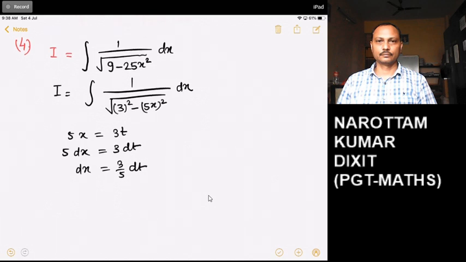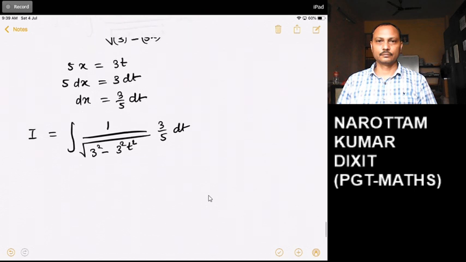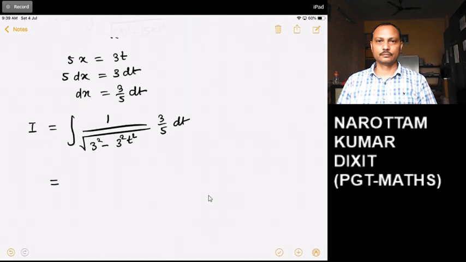Substitute these values, then we get I is equals to 1 upon under root 3 square minus, in place of 5x we have taken 3t, so it is 3 square t square, and dx is 3 upon 5 dt. So take this 3 upon 5 outside the integration, and the 3 square is common within the square root. So outside the square root it will be 3.